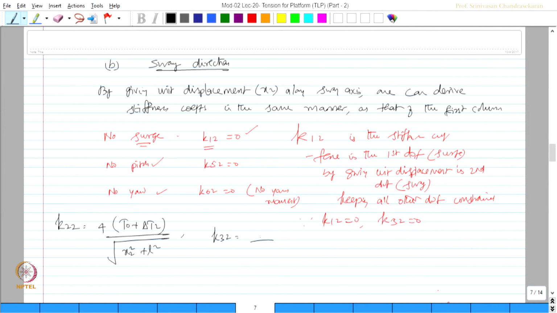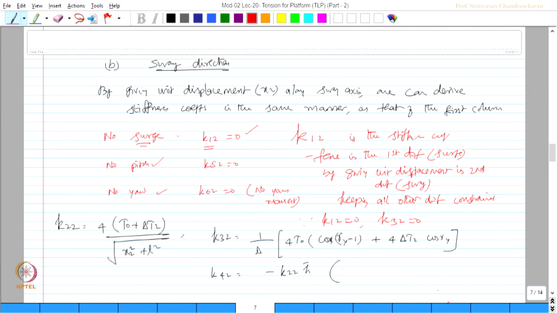So, that is going to be 1 by delta of 4 T0 cos gamma y minus 1 plus 4 delta T2 of cos gamma y, and K42 will be minus K22 of h bar.